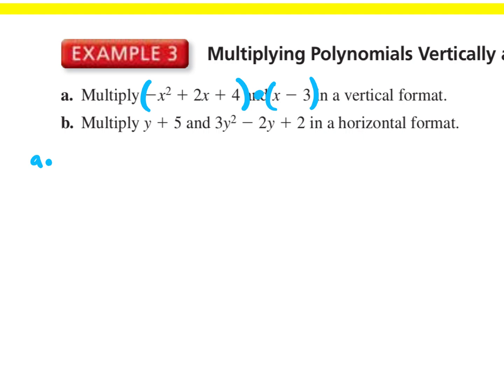We just have to make sure everything in the first parentheses gets multiplied to everything in the second. So starting with our first term, negative x squared, I would multiply that times x. What's negative x squared times x? Negative x cubed, perfect. What's negative x squared times negative 3?